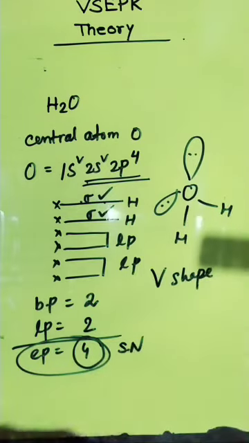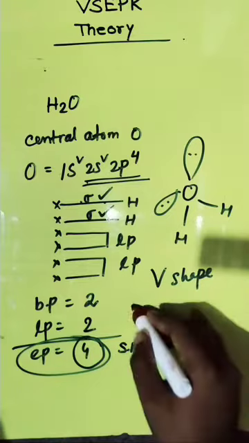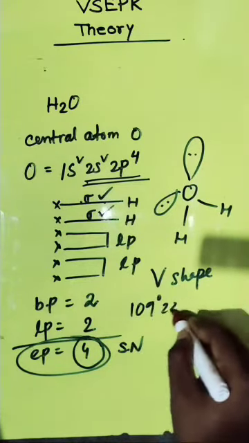So what is the bond angle? When a molecule possesses steric number 4, the structure is tetrahedral, and for tetrahedral the bond angle is 109 degrees 28 minutes.